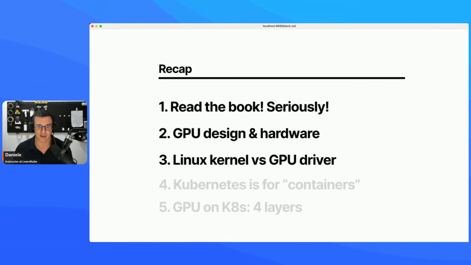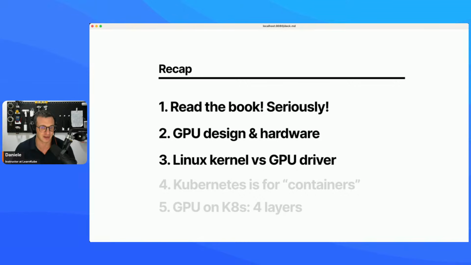Then we had a look at the Linux kernel versus the GPU driver. All of these CUDA contexts, these allocations, these kernels, they go through the Linux kernel, but eventually everything driving this is the driver from the GPU, which basically means that whoever controls the GPU driver is in charge of doing things.